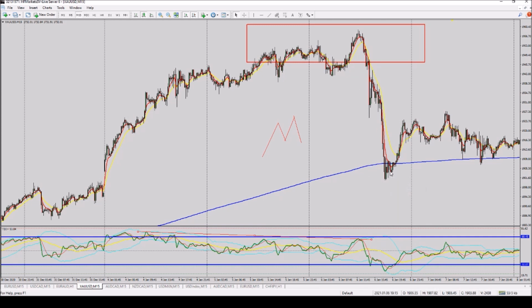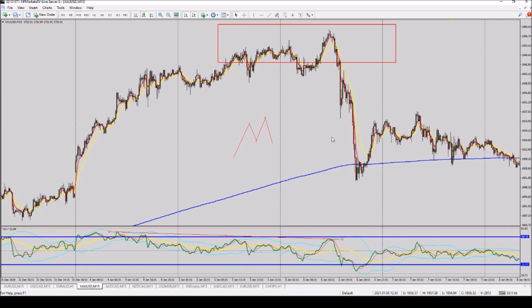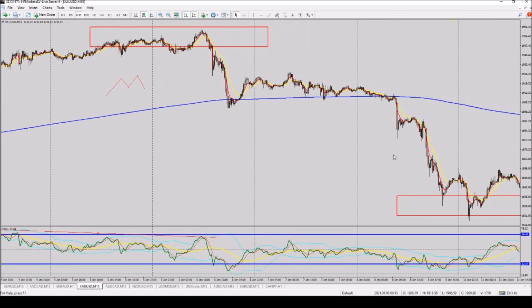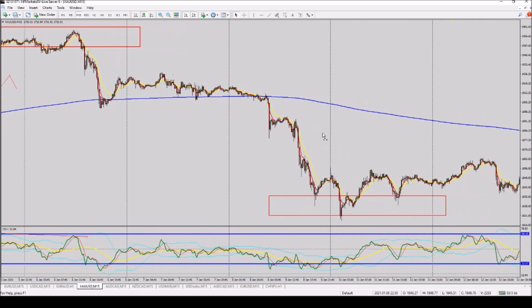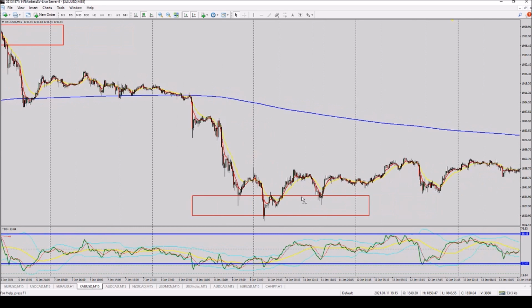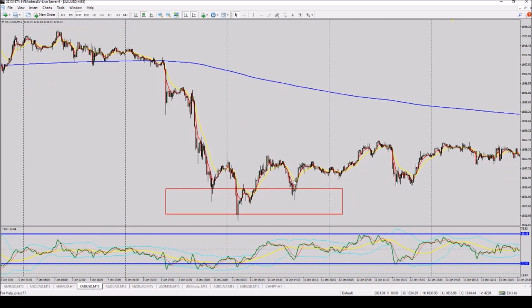Whenever we reach 150 pips in profit, we have to move the stop loss into profit or at entry. And at this point, we can see that we had the head and shoulders, which is inverted. This one was the shoulder, the head, and the shoulder, meaning that our entry was going to be at this point.